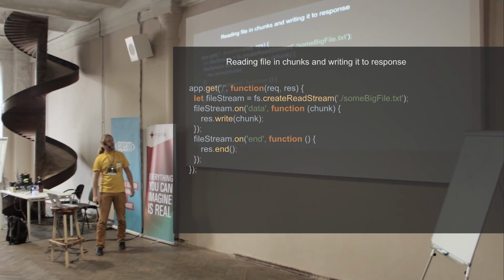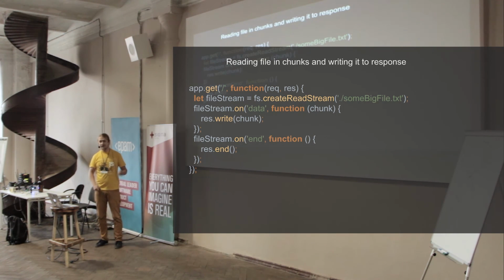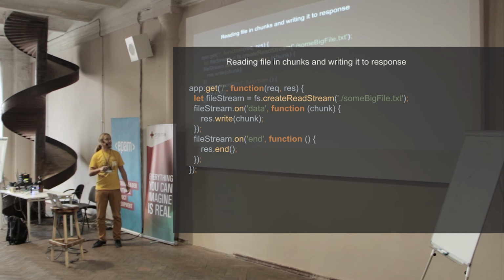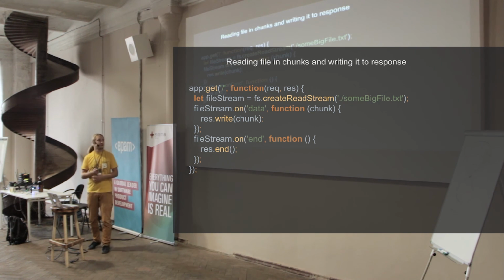And this is an example with streams, how we can send this file with streams in Node.js. How we can get a stream from a file: we have a special method from the fs module to get this stream, and from this stream we can get some events. One of them is data, one of them is end, and there are also some other events we can get from this object.